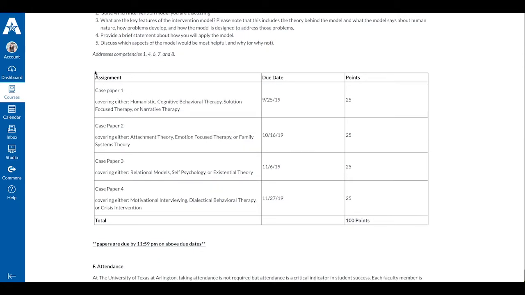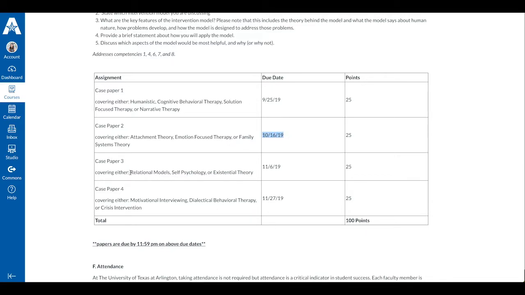So below is an outline of each paper and what they cover. The first paper covers either humanistic, cognitive behavioral therapy, solution-focused therapy, or narrative therapy, and it's due on 9/25. And then case paper 2, attachment, EFT, or family systems on 10/16.